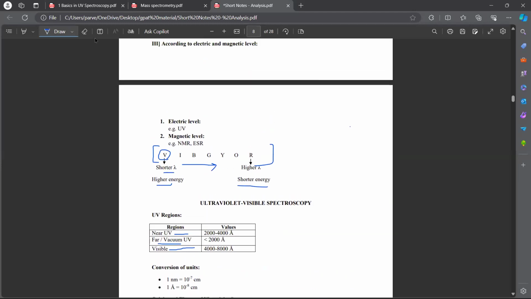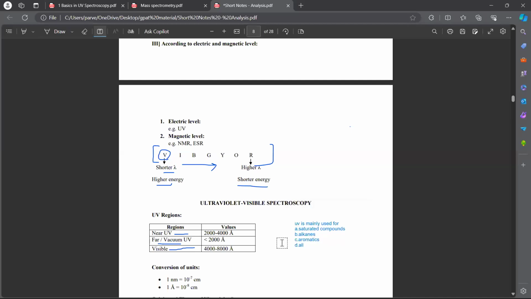I think you now have a preliminary idea about the UV. UV is mainly used for: saturated compounds, alkanes, aromatics, or all of these.